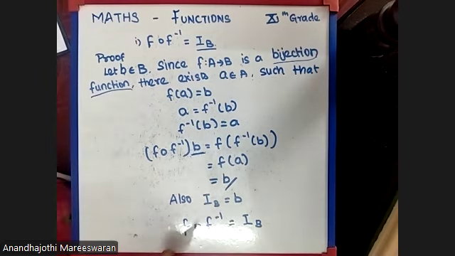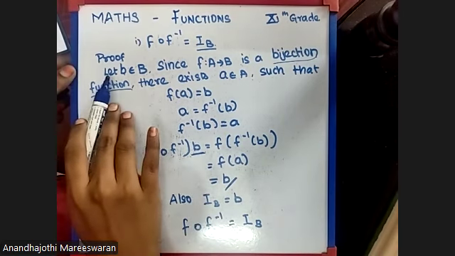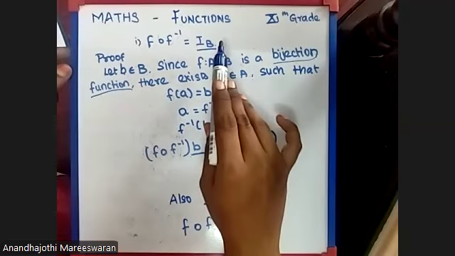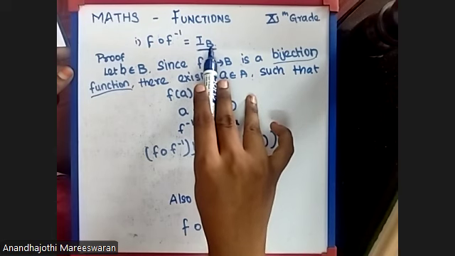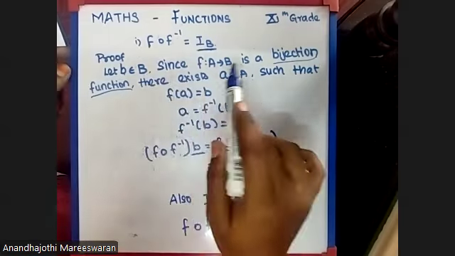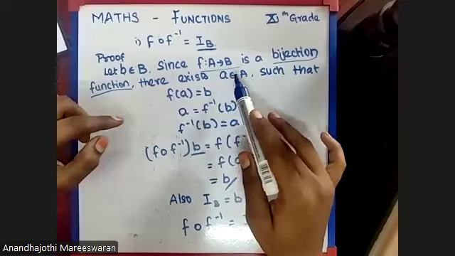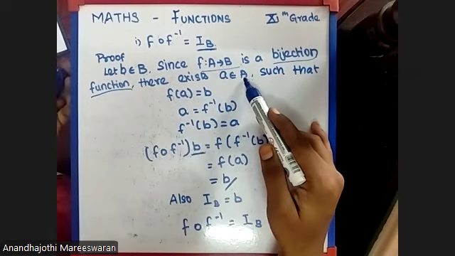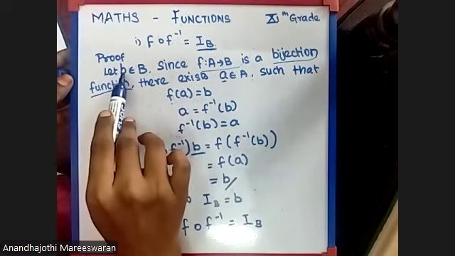I will explain this once again because it seems a little clumsy, but it is the easiest one. What do we take? We take an element b from set B. Why do we take b? Because we are going to prove this one as the identity function of B. Since the given function is a bijection function, if an element b belongs to B, there must be an element a belongs to A such that if you put a in this function, it will produce the output b.